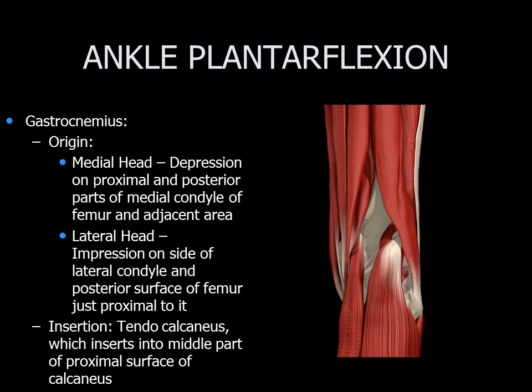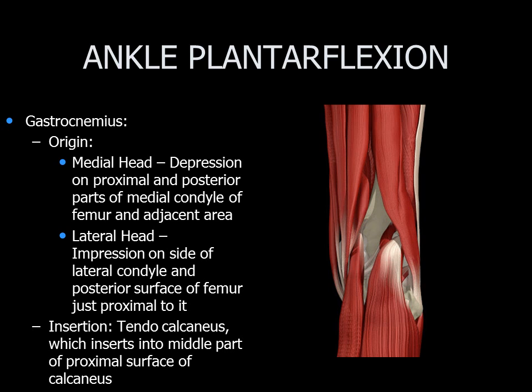Now the gastrocnemius has its origin above the knee. There's two heads to this muscle. The medial head has its origin on a depression on the proximal and posterior parts of the medial condyle of the femur. And the lateral head of the gastrocnemius inserts on the lateral condyle of the femur with a slip projecting superiorly to the posterior surface of the femur.